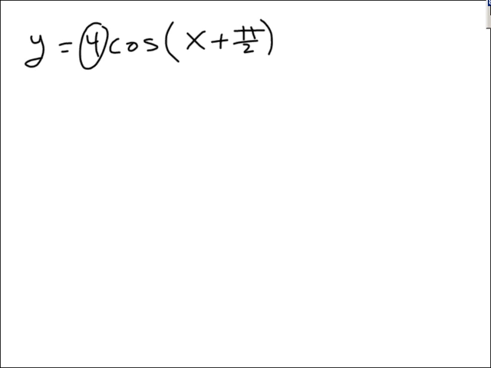So now we're asked to graph y is equal to 4 times the cosine of x plus, say, pi over 2. We're asked to graph this. Well, since it's a positive cosine graph, 4 is positive, I draw a cosine graph. Here it is.